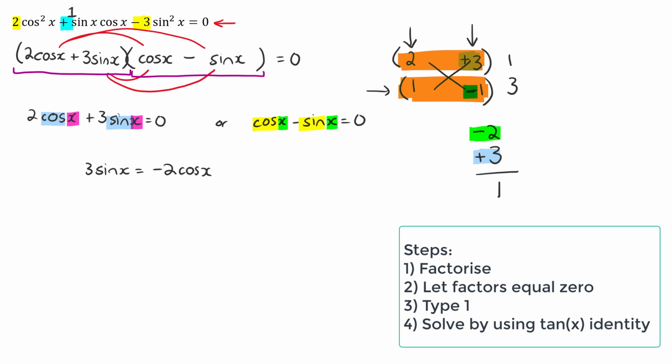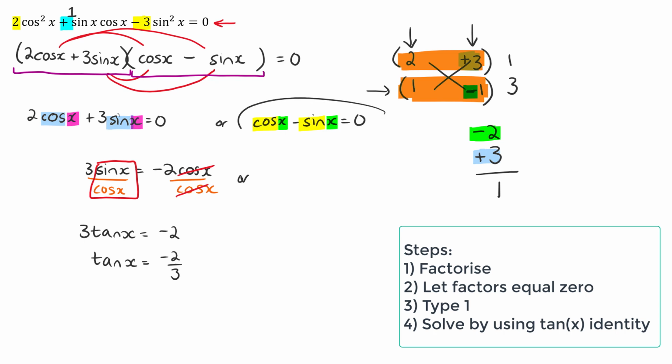And then we divide both sides by cos x. The cos x and the cos x will cancel. And here we've got sine over cos, which using our identity, we know sine over cos is tan. So we get 3 tan x equals negative 2. So therefore tan x is minus 2 over 3.